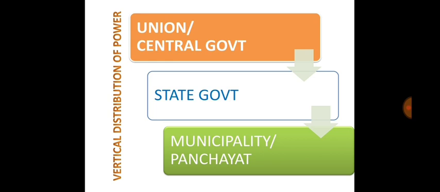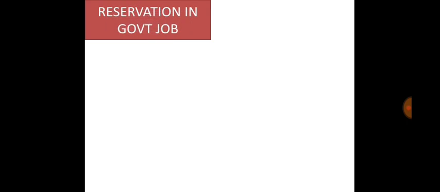And there is the concurrent list, that is for both the state and union government. As per the requirement, they amend the laws or create laws or policies related to that. And for the local level, a new level is started, that is municipality and panchayat in rural areas or in cities.